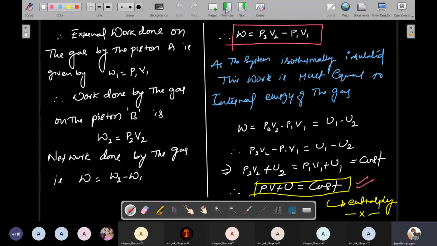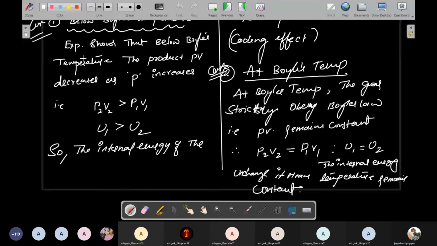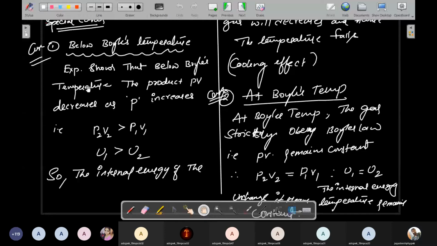Once again, I'll explain the three cases. In case 1, we are conducting this experiment at below temperature. If below temperature, what will happen?